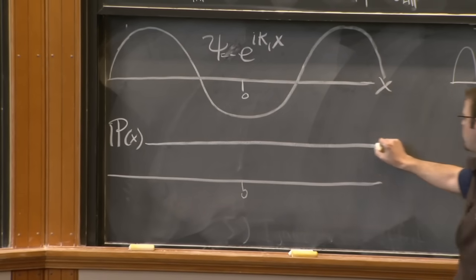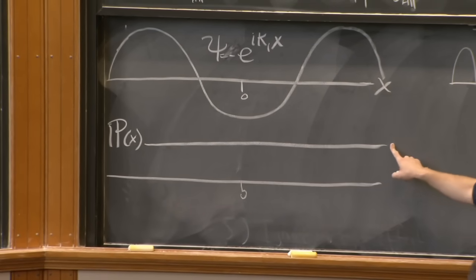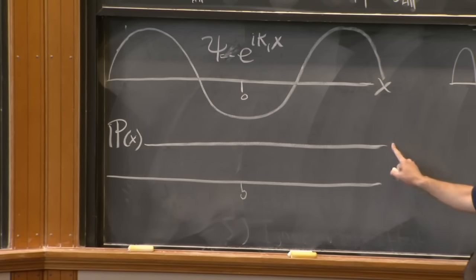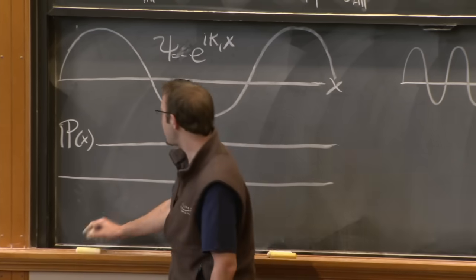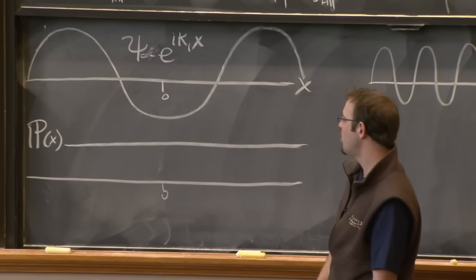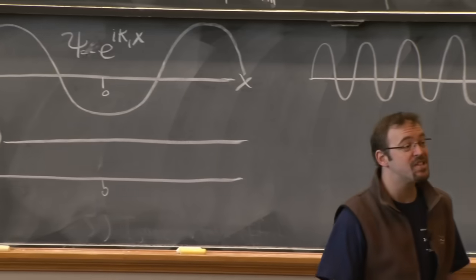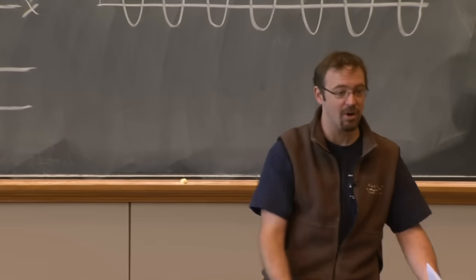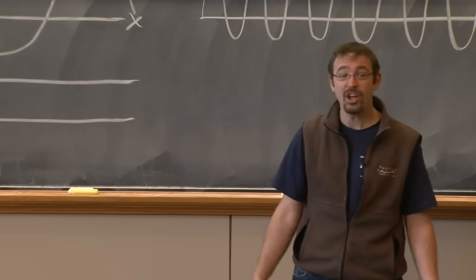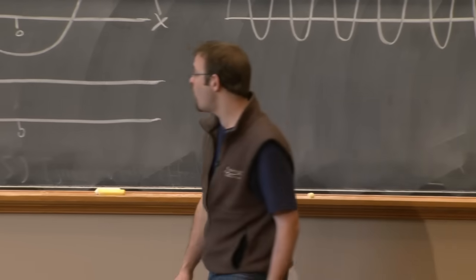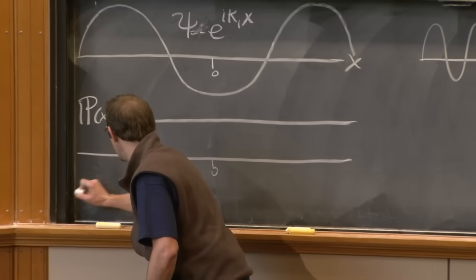So from this, we've learned two important things. The first is this is not properly normalized. That's not so key. But the most important thing is, if this is our wave function, and we subsequently measure the position of the particle, where are we likely to find it? It could be anywhere. So what's the value of x you expect?